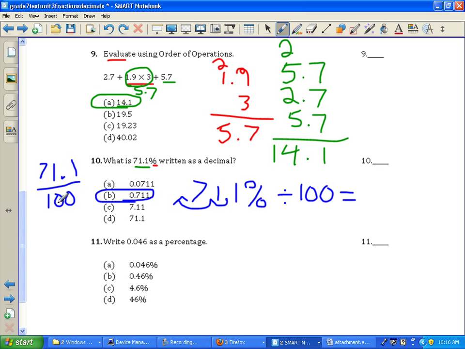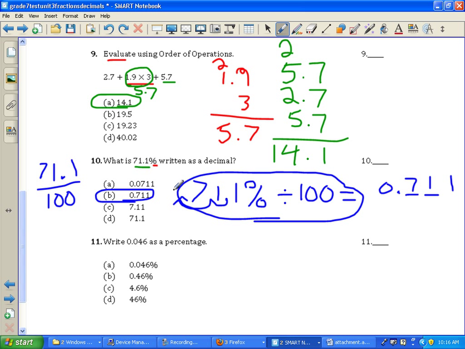Well, if it's hundredths, there should be the second decimal place. So it should be 0 decimal, and here's the second decimal place right there. So I should start putting 71.1 right there. So it's 71 and then one more tenth of a hundredth. But usually most people just do it this way. They divide it by 100 and they shift it.